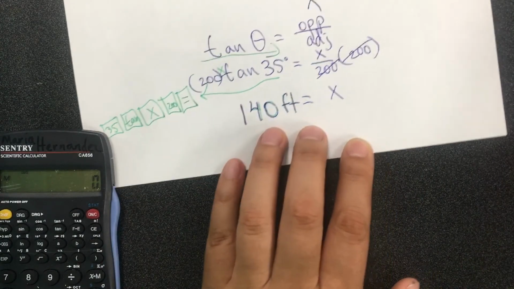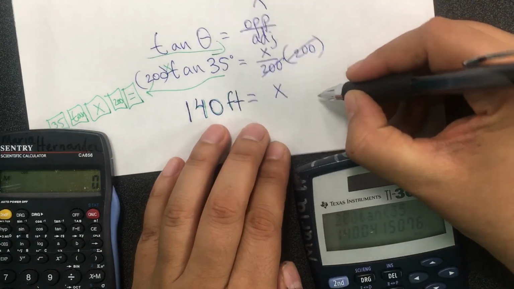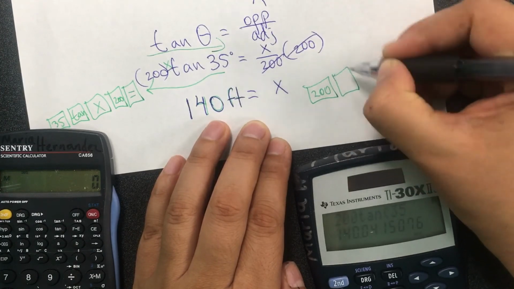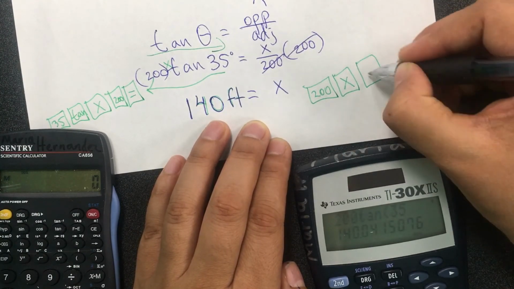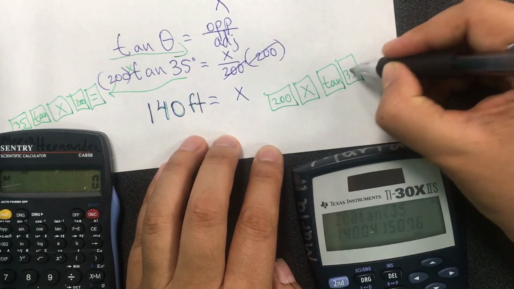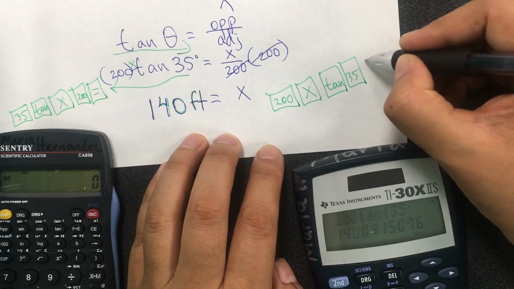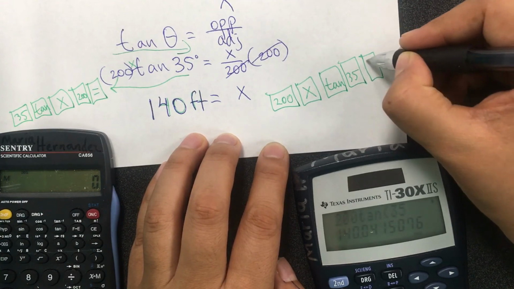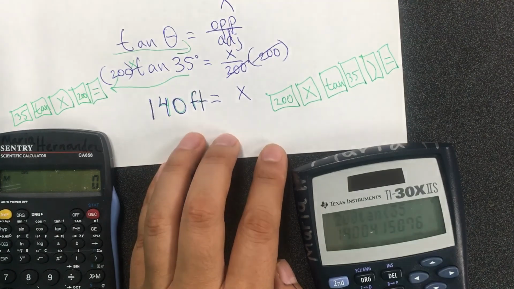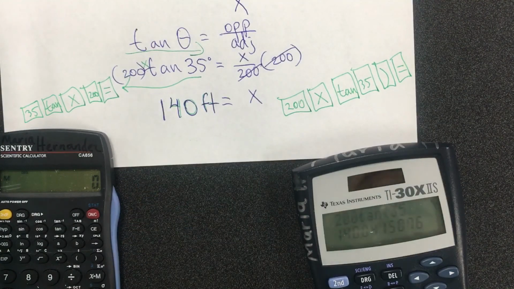For this calculator, it's going to be 200 times tangent 35, close it for some calculators, equal. Don't forget the equal, okay? So with this, now you're able to do 6.1 and have fun.